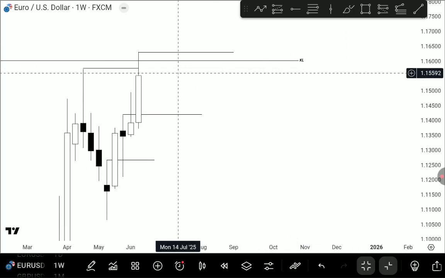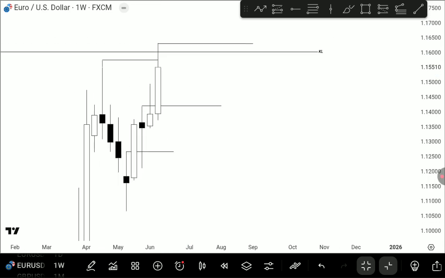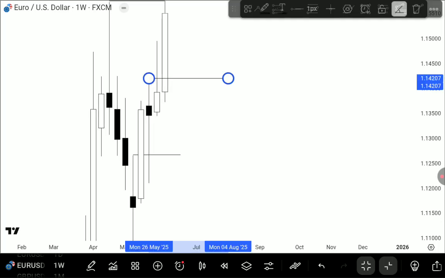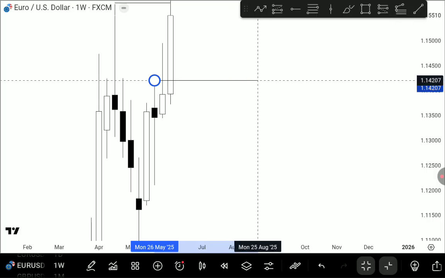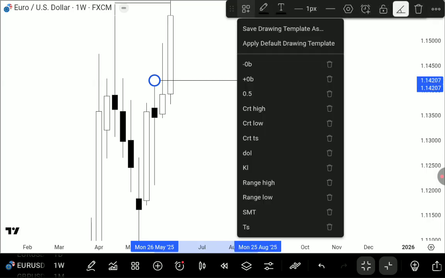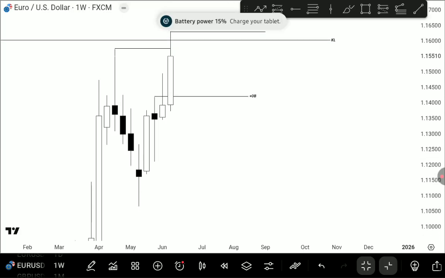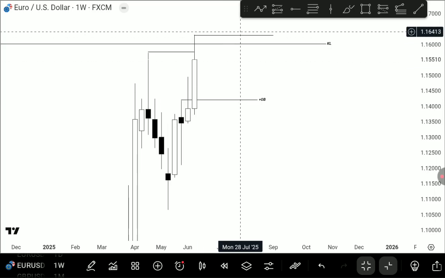Judging from that, price has already reached a higher time frame key level. You can see that the key level that we have is this down close candle, this one. This is the only key level that can propel price upwards.